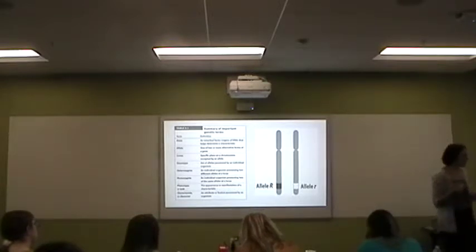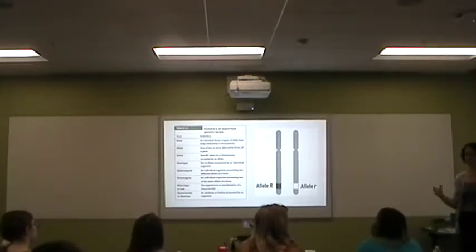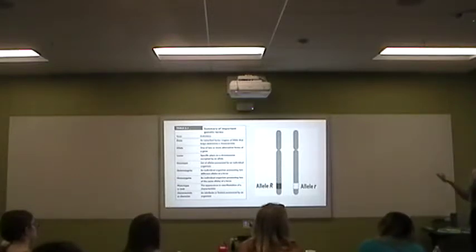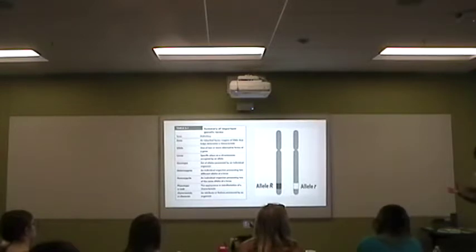Most of the time, I will specify, or your book will specify, homozygote dominant, which would be two big R's, or homozygote recessive, which would be two little r's. And a characteristic, or a character, is just a particular trait or feature that we're looking at, like hair color, eye color, height, whatever trait you want. Be comfortable with vocab.